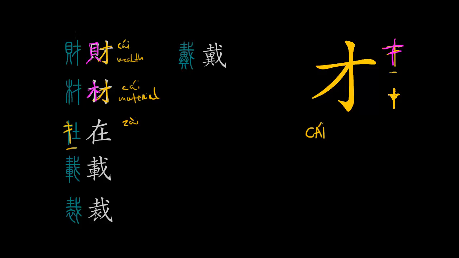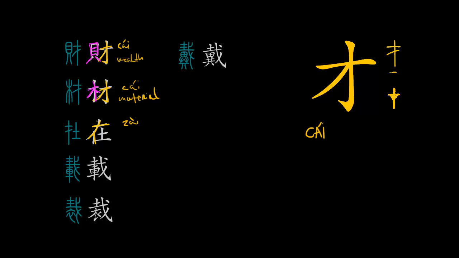And if you look at the preceding characters written in the seal script, this one and this one, you can see again that there is this element here, and here, and here. It didn't change in the seal script. It did, however, change in the transition into the regular script, and this is how the element looks today. It still contains only 3 strokes, but it has changed.